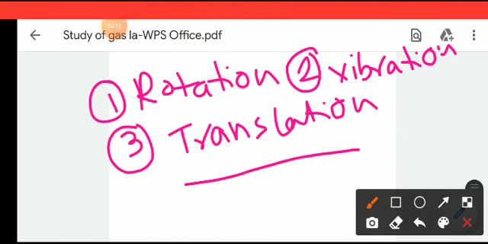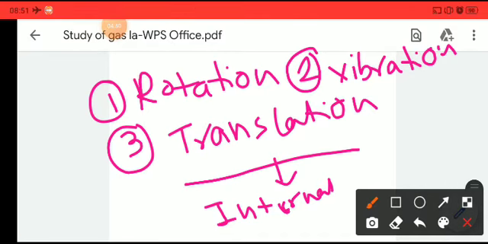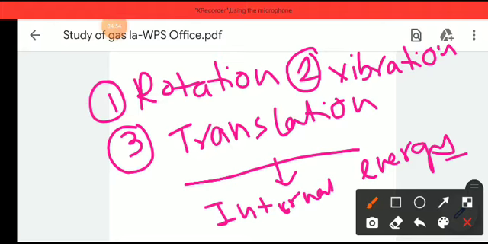Other than that, this rotation, translation, and vibration concept is not in your syllabus. Any molecule does three things: rotation, vibration, and translation.